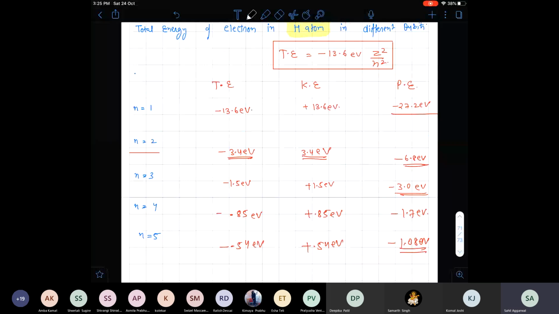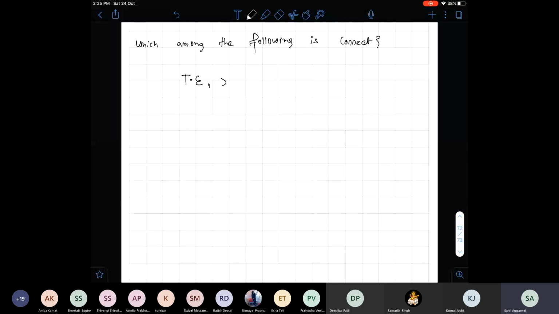Which among the following is correct? Total energy in first orbit is greater than total energy in second orbit greater than total energy in third orbit. Kinetic energy in first orbit is lesser than kinetic energy in second orbit is lesser than kinetic energy in third orbit.